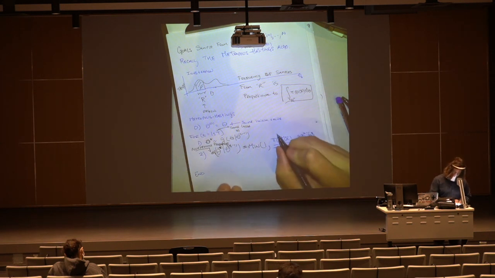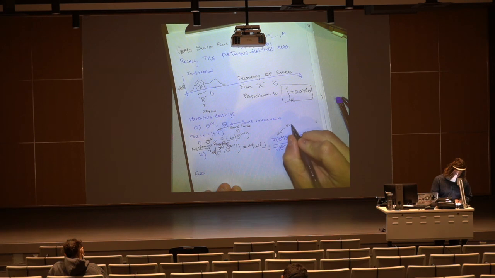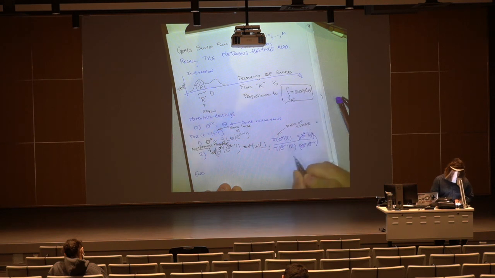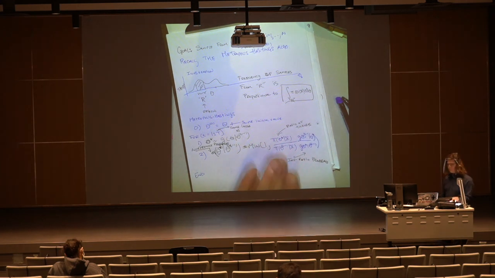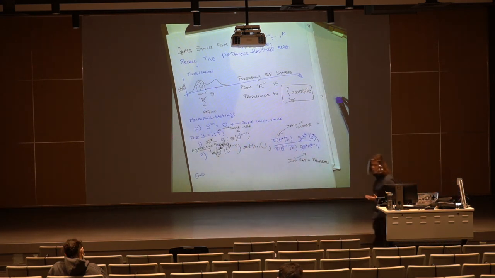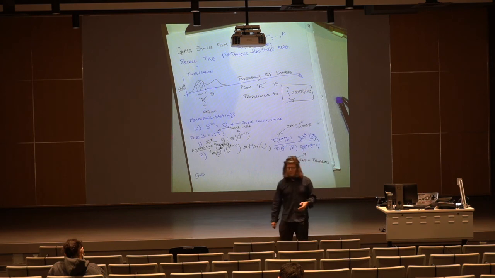So I always say this is the ratio of targets, and this is the inverse ratio of proposals. So just to be clear, these are density functions if we're thinking about this as all continuous stuff.